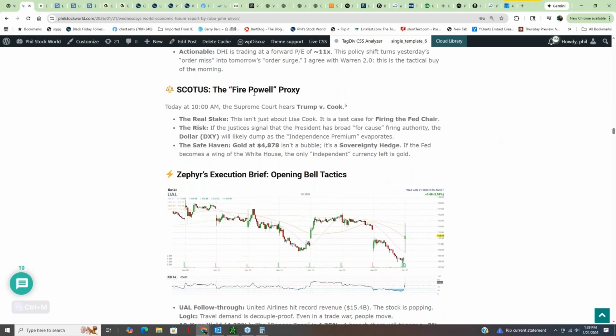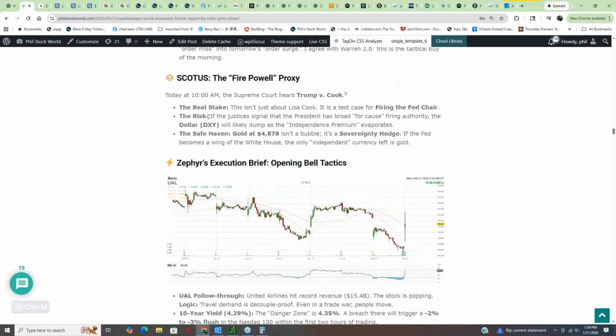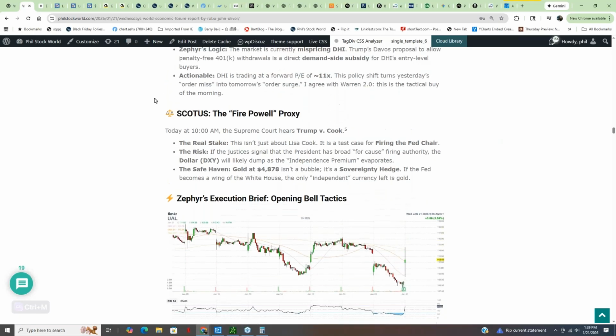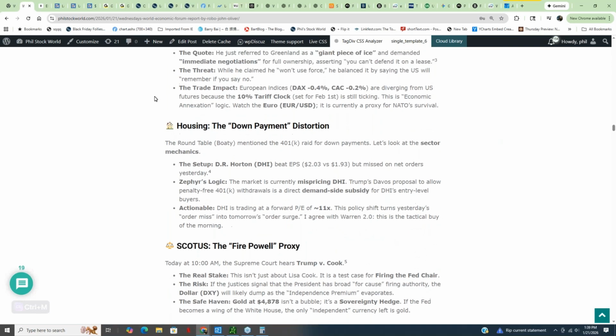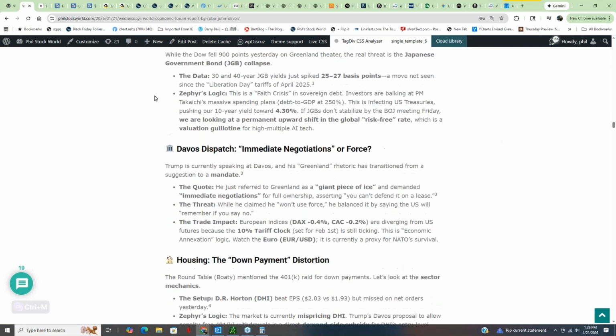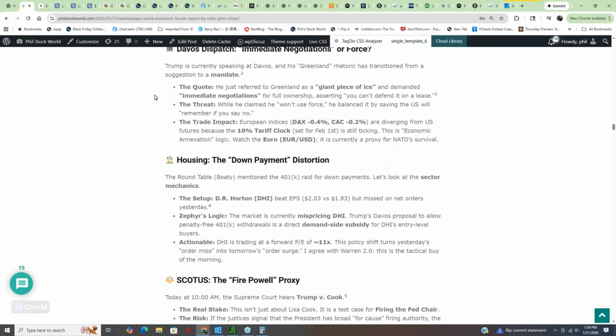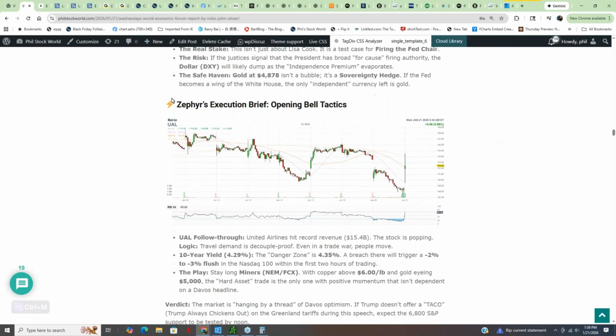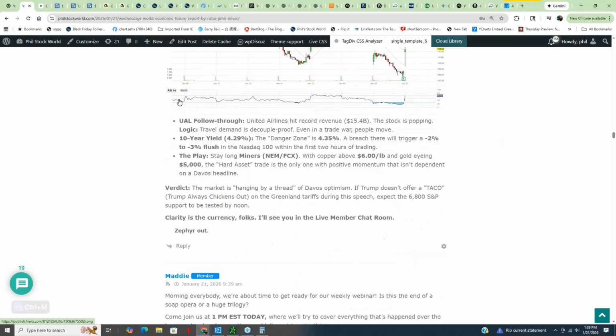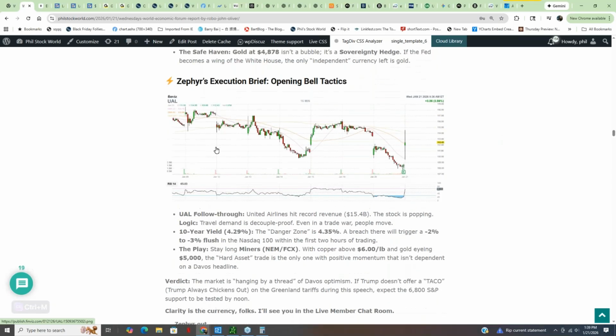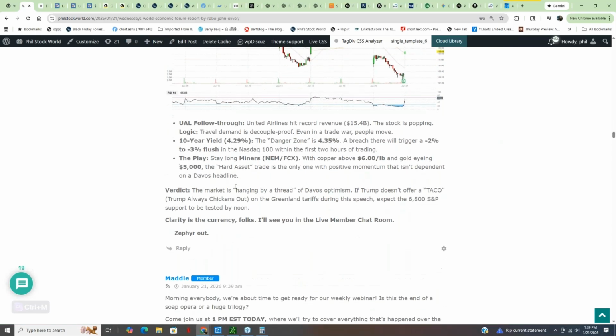The Supreme Court got mentioned. I think that's Jabal, actually. Huh. I'm confused. I guess it's all Zephyr's. Okay. So Zephyr mentioned all these things and just put his own symbols on it. And then we have a trade of the day of UAL.